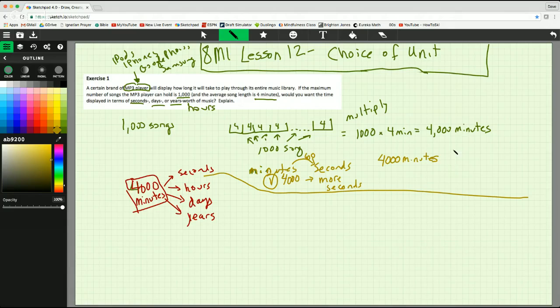We know that there's 60 seconds in 1 minute. And so let's look at this as a multiplication problem in two different ways. Bear with me. And then we're going to do this over and over again.